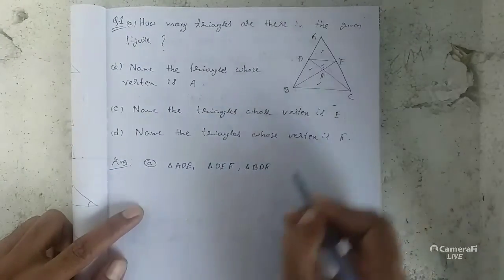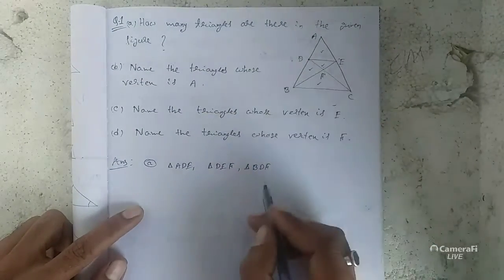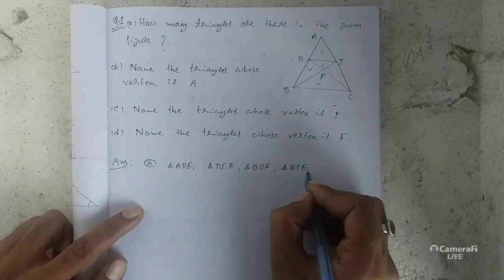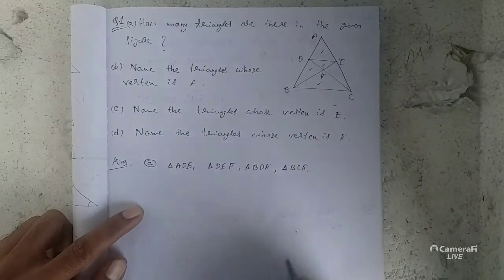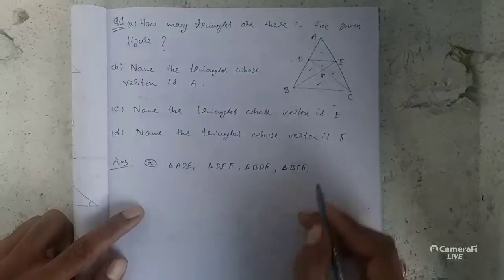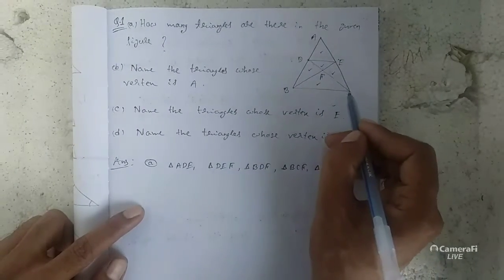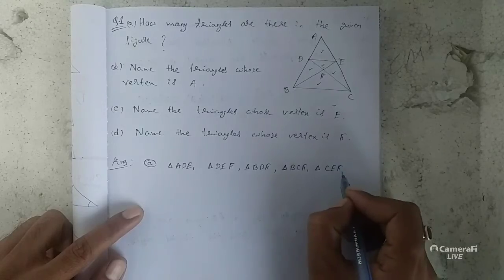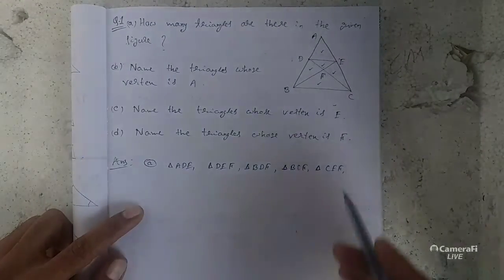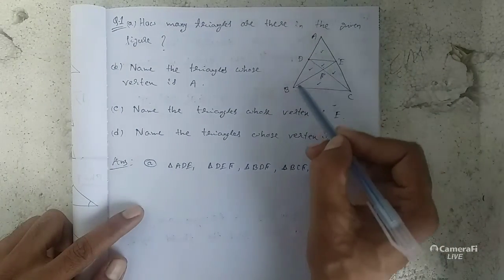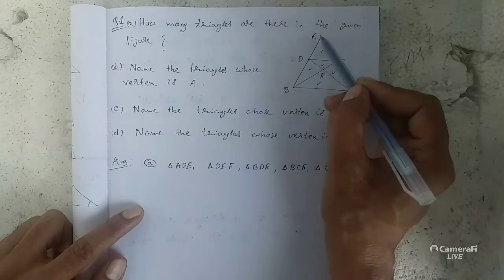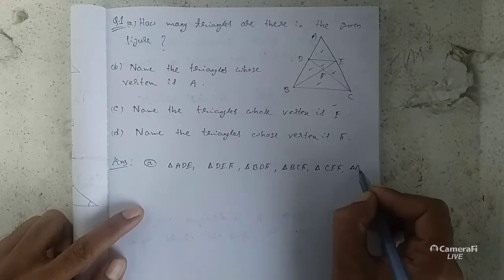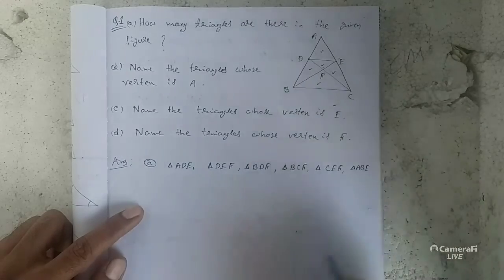Next, this is BFC or BCF, triangle BCF. This is another triangle, CEF. Now see here, ABE is another triangle, triangle ABE.